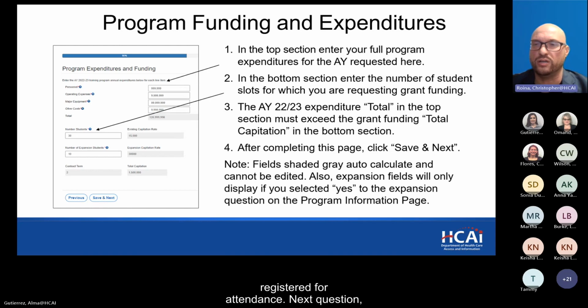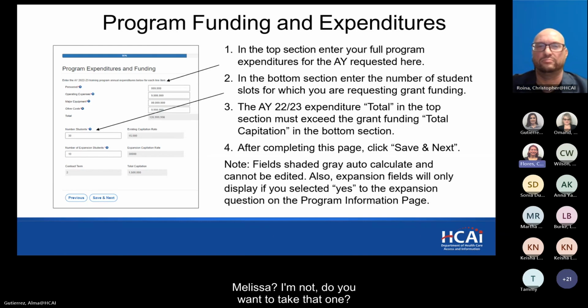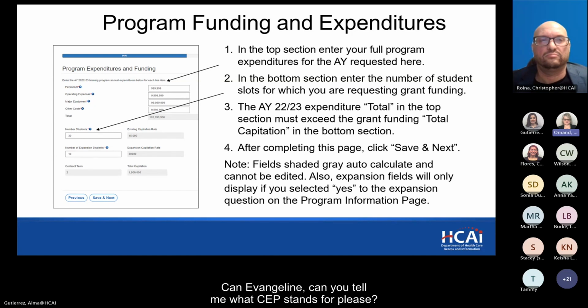Next question, is expansion only for BSN or is the CEP included for expansion? Melissa, I'm not sure. Do you want to take that one? Evangeline, can you tell me what CEP stands for, please?